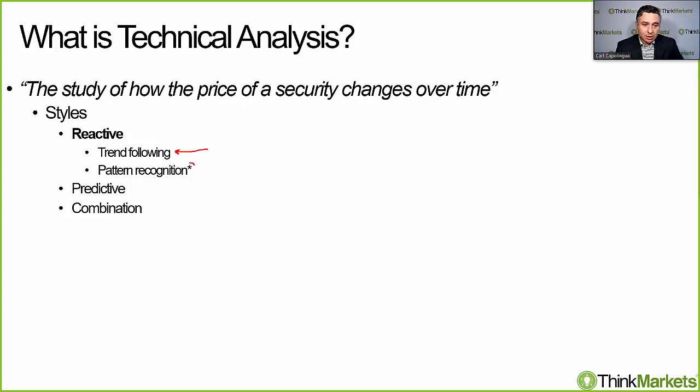Pattern recognition, there's a little asterisk there because pattern recognition could be either reactive or predictive, as we'll see. But certainly if you had, for example, the price, and I'm just using stylized price here, well, let's say you had a period from the past.